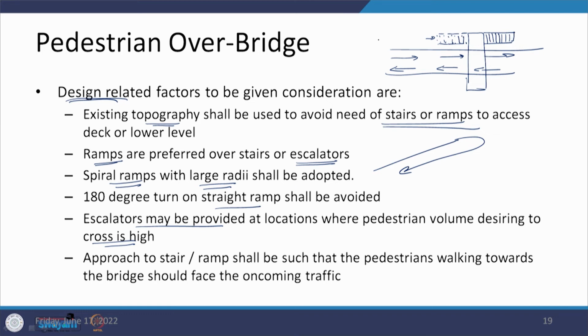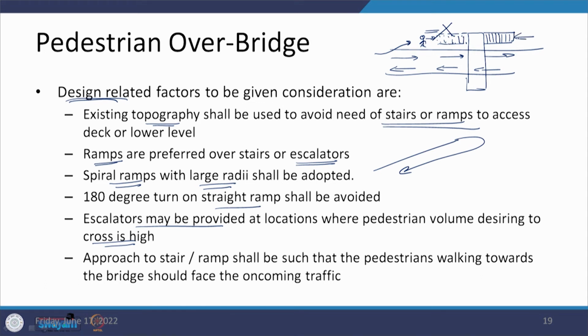Now, what is happening is that when this orientation is provided, there is a possibility that a vehicle goes out of control and can hit the pedestrians who are going to use this overhead structure, that is, the overbridge. So, this is not the right design.